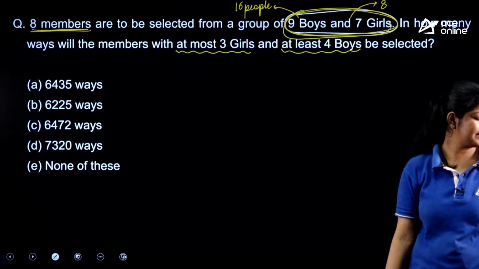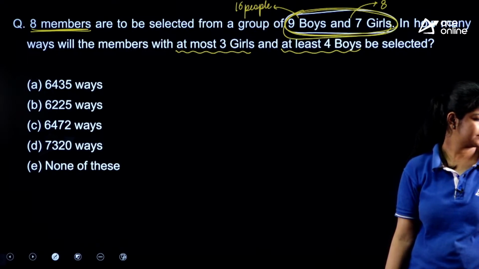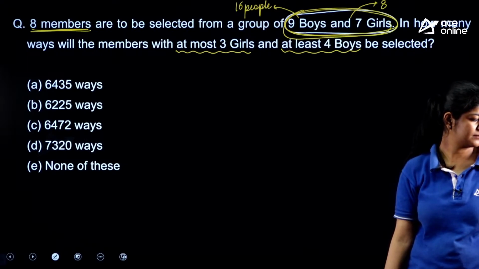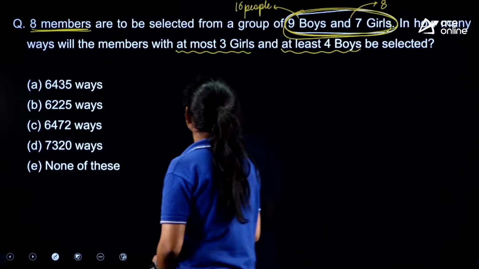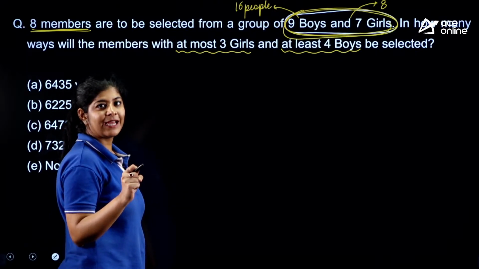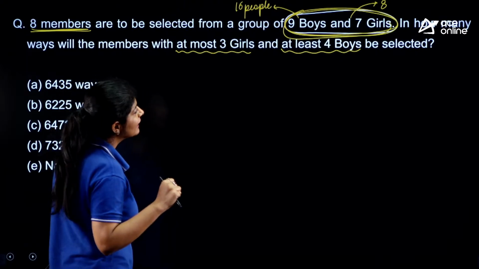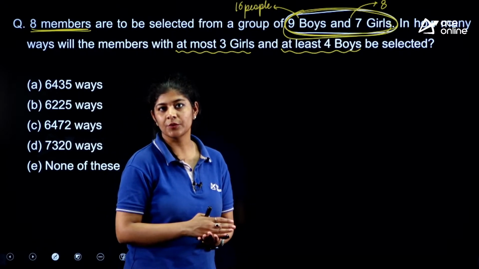It's a very simple one. Okay, let's start considering. At most 3 girls means the maximum number of girls that I want is 3, and at least 4 means the minimum number of boys that we want is 4, right?